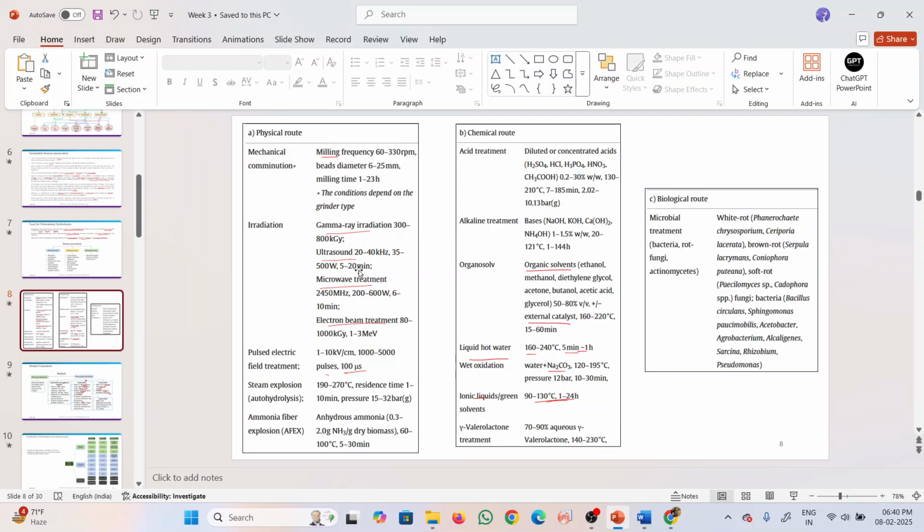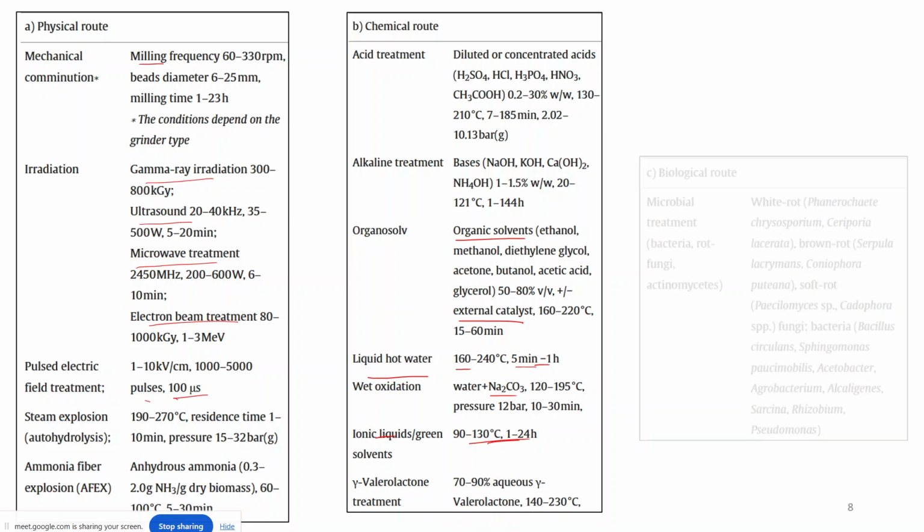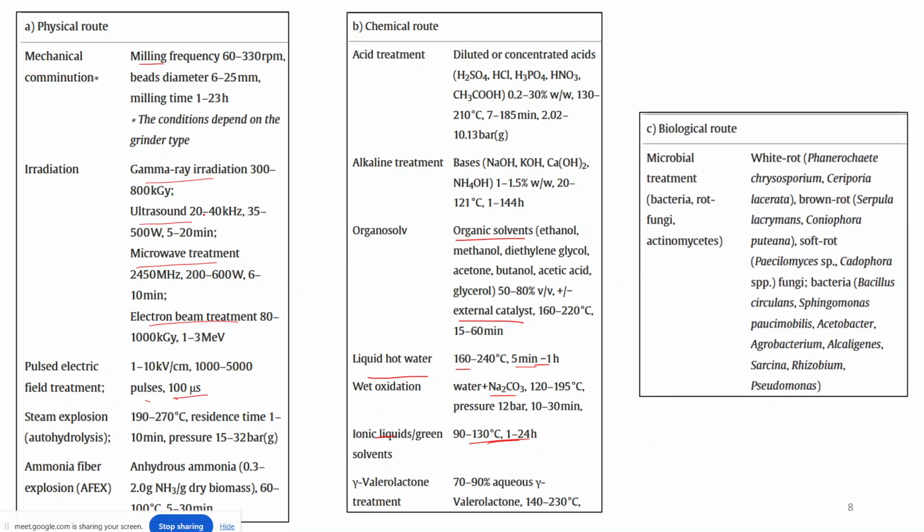So this irradiation process is considered to be gamma ray irradiation or ultrasonic irradiation. When we consider this irradiation process, it gives high frequency when we pre-treat.